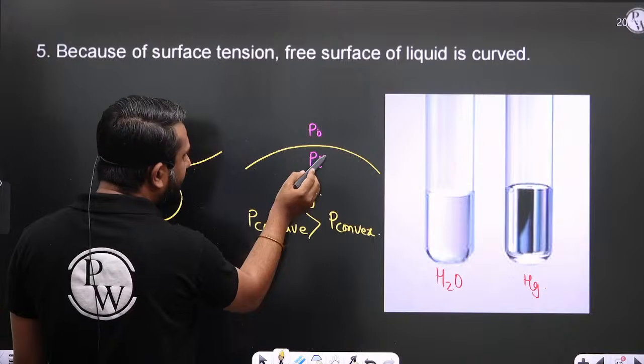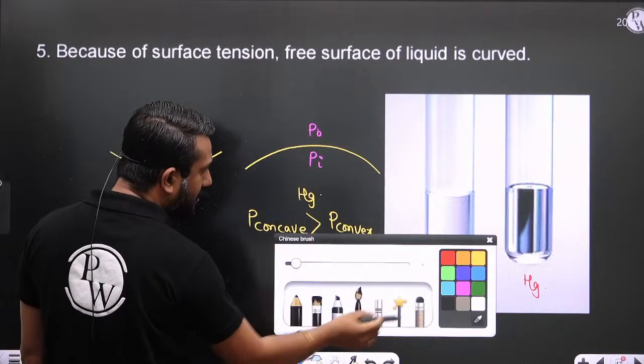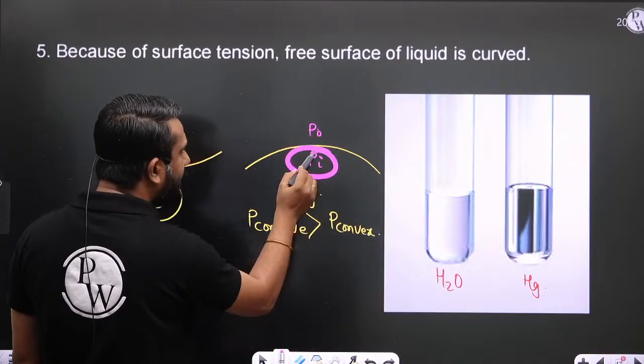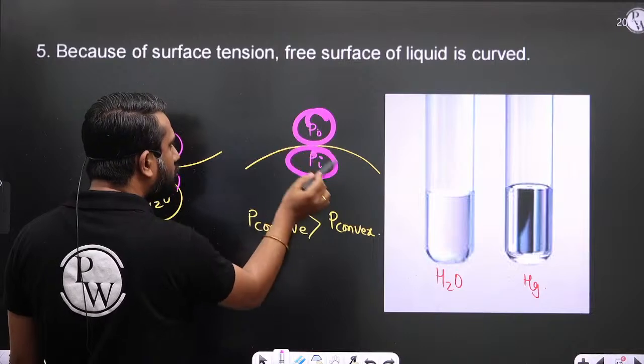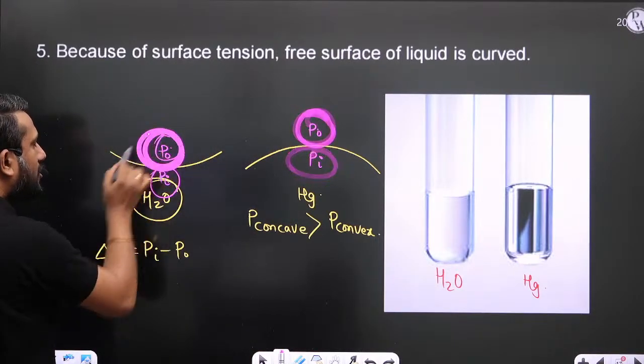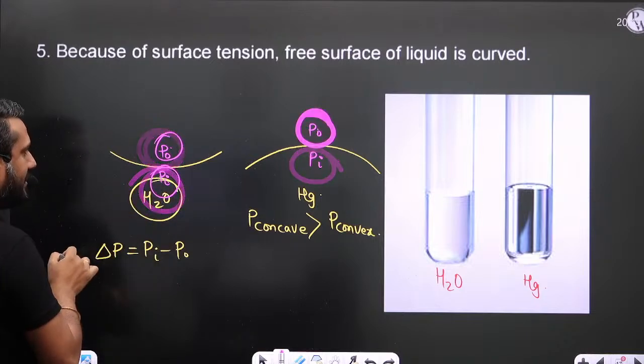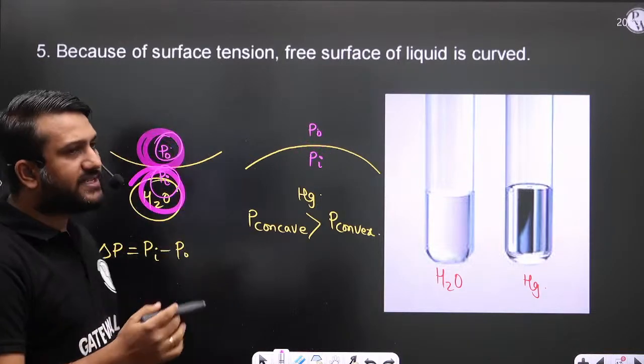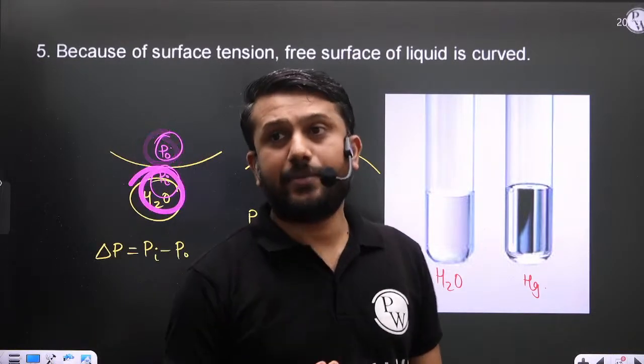See here, this is the concave side, and this is the convex side. So this pressure is more than this pressure. Similarly, this is the concave side, this is the convex side. So concave side pressure is always more as compared to the convex side.